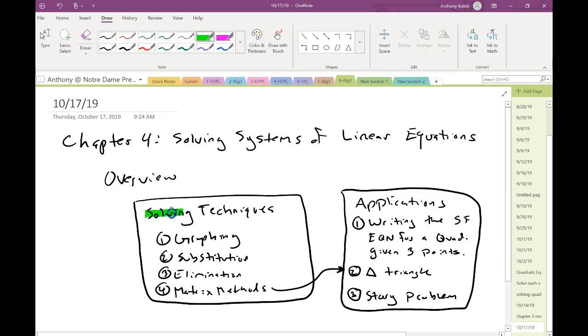So we're going to start today talking about solving techniques. That's where we'll spend really the first half of this chapter, working on these solving techniques and practicing them. And then we'll start doing some applications where it's more than just, here's the problem, now solve it, where you have to be able to set the problem up a little bit for yourself also.